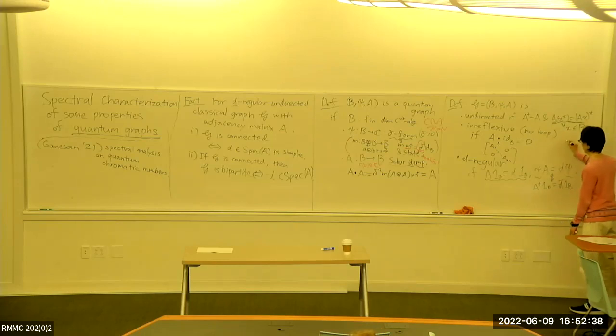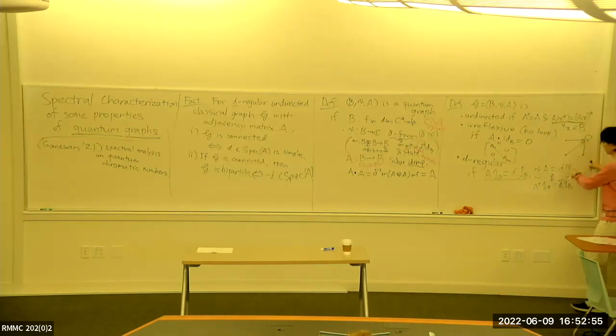For example, for a directed classical graph, we can consider a graph like this. Then this satisfies one condition, but does not satisfy the other condition.